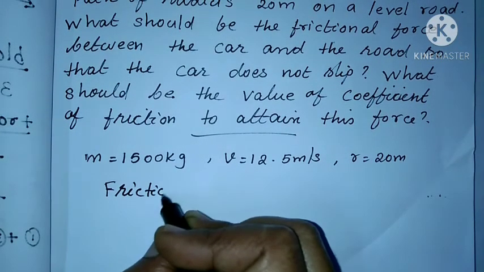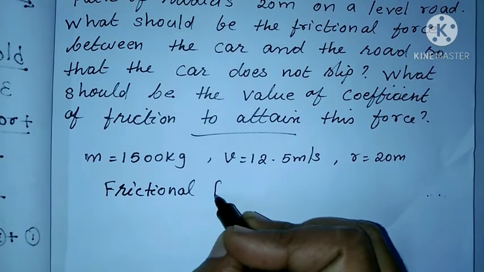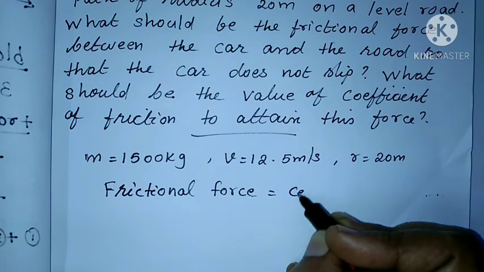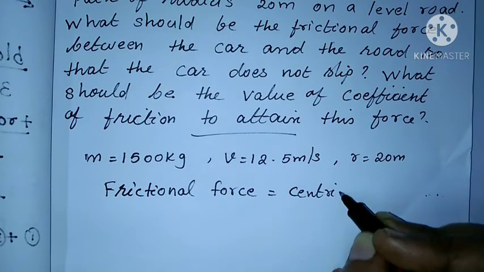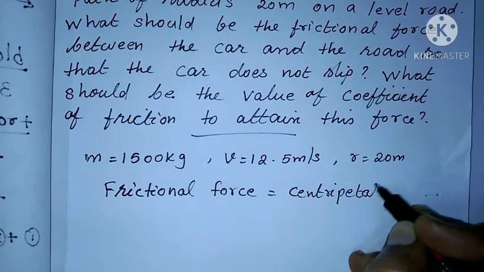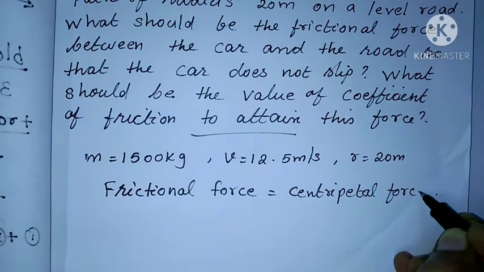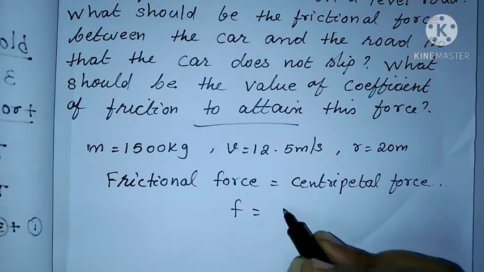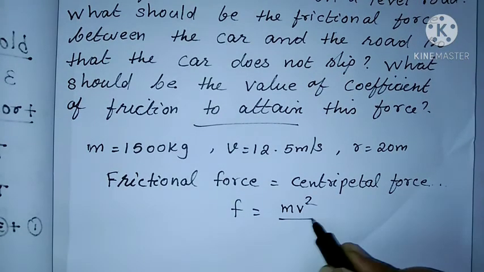I already taught it in the theory: the frictional force must be equal to the centripetal force. Then the car does not slip from the circular path. With this condition you can find the frictional force, F equal to mv square by r.